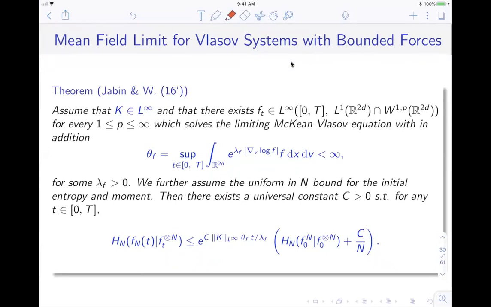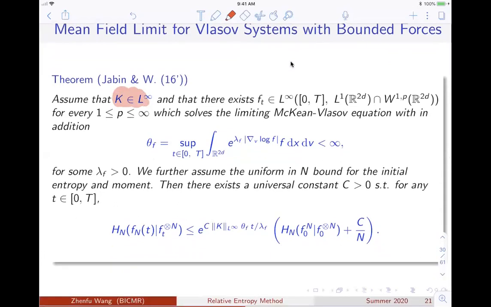Again, we can assume K is bounded, and we assume the limit function F_t is in a very nice space. In particular, it satisfies the previous assumption we used, so the gradient in v of log F is exponentially integrable.